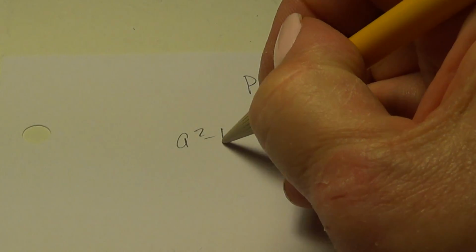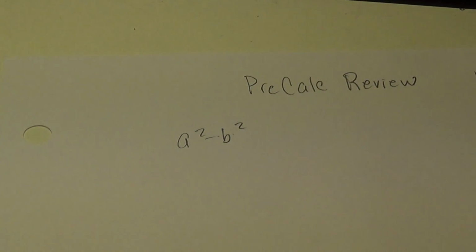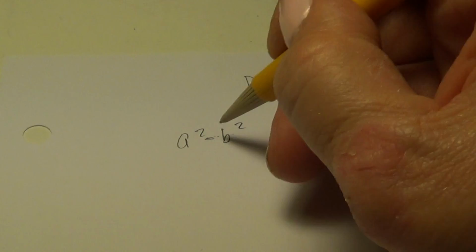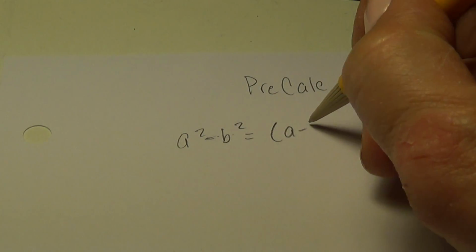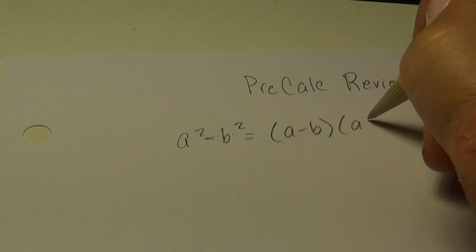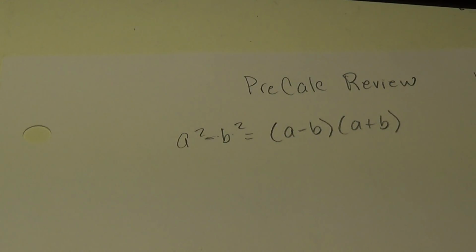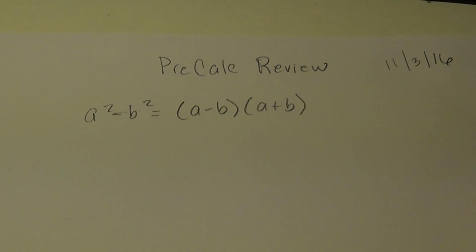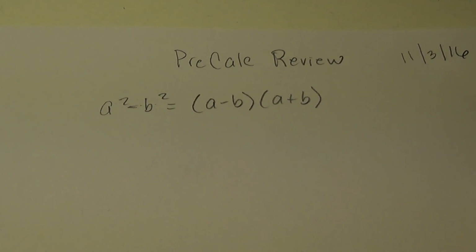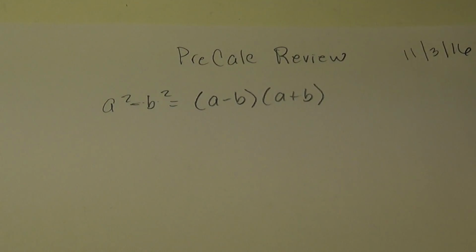So anything that is squared minus something else that is squared can be factored. And it factors like this: a minus b times a plus b. So this will pop up in the middle of our simplify, verify trig problems.